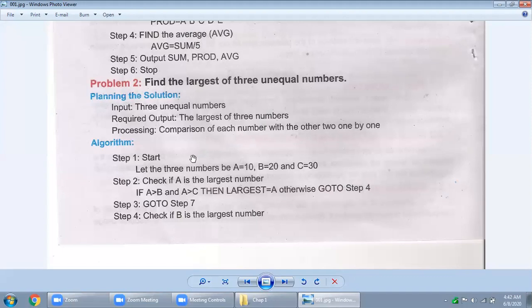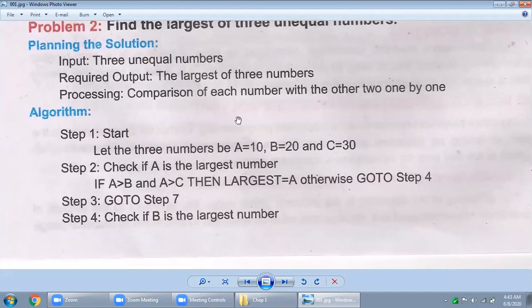The assignment was to find the largest of three unequal numbers. I gave you the homework to find the smallest of three numbers, and I gave you the clue in the previous lecture. So now you will have to solve this one.